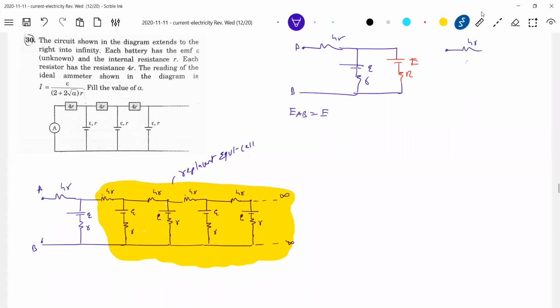These two, further I'll call that E dash. Call this R dash. Should EAB be equal to E, or should E dash be equal to E? Anybody? You have to put effort here.